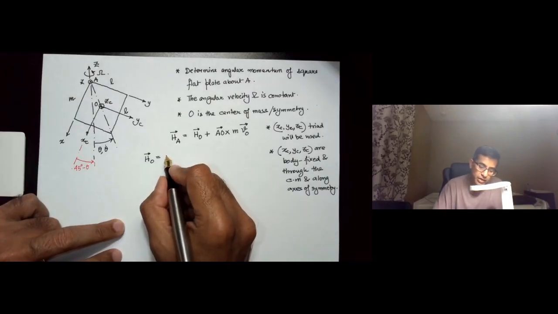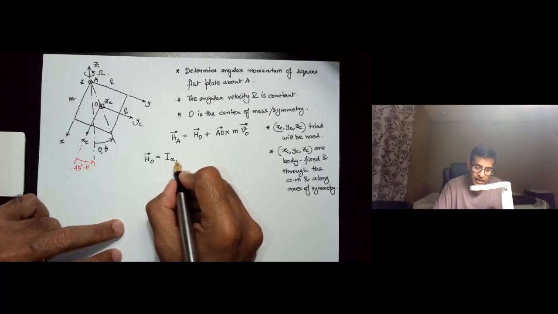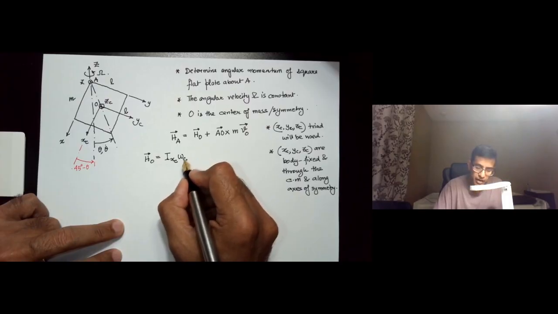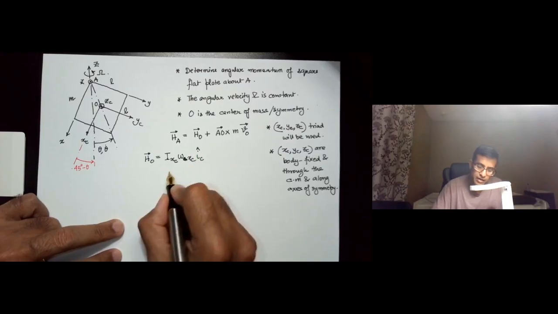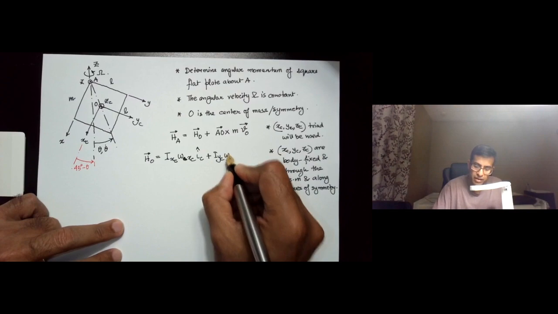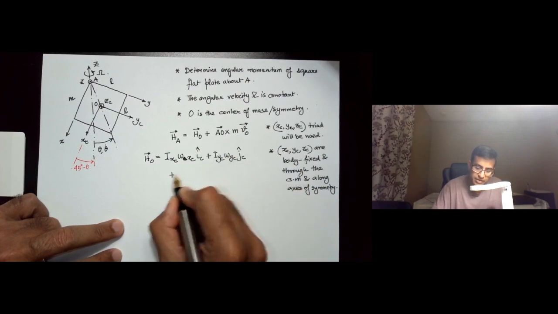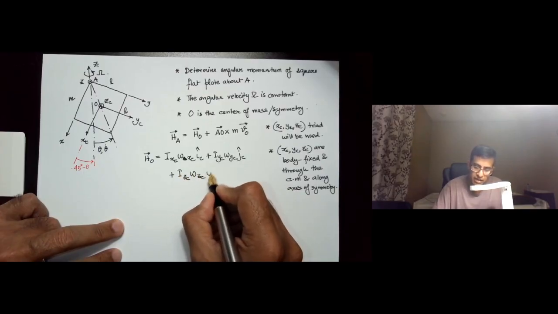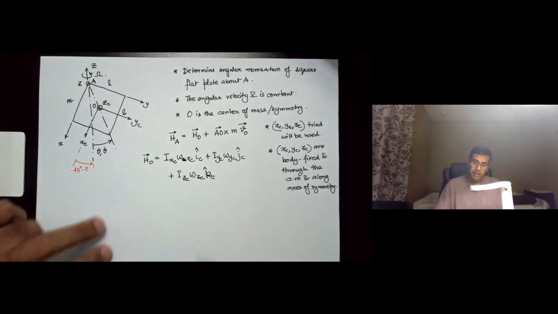So essentially what we have is Ixc omega xc ic plus Iyc omega yc jc plus Izc omega zc kc.